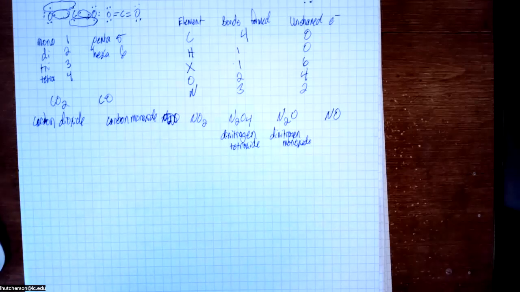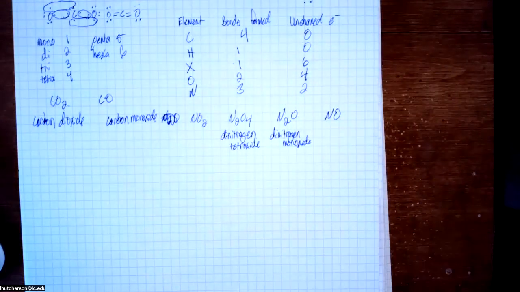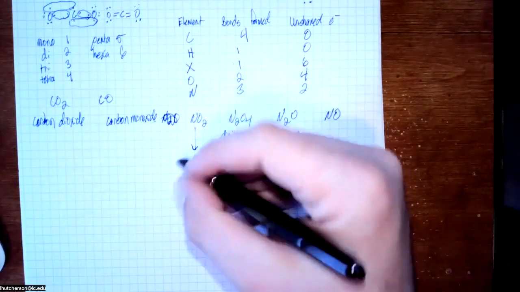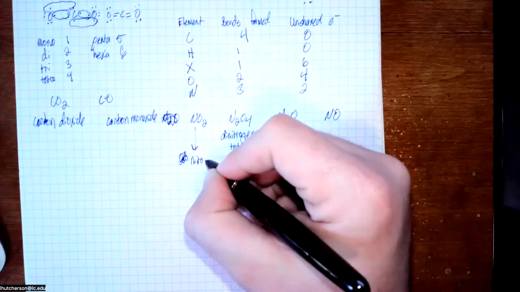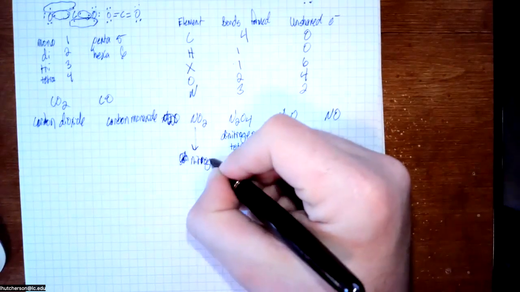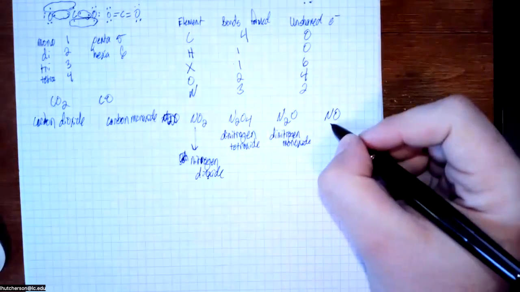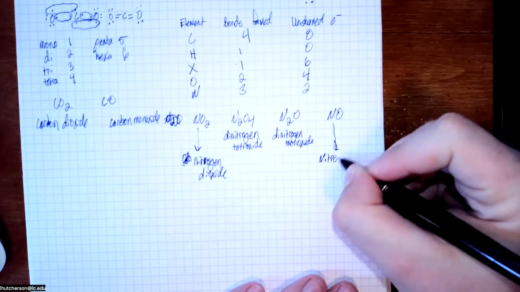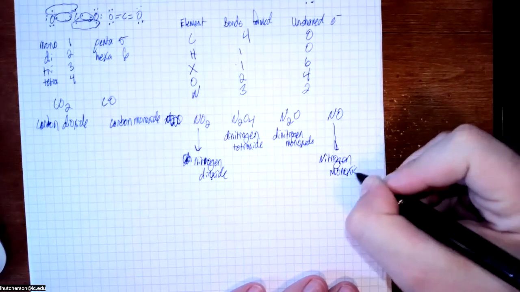By the way, I know I've only used oxygen for all the examples I've given. Second element in a covalent compound, in a binary covalent compound, you change the ending to IDE. So this one, same deal. This one's going to be nitrogen dioxide. This one's going to be nitrogen monoxide.